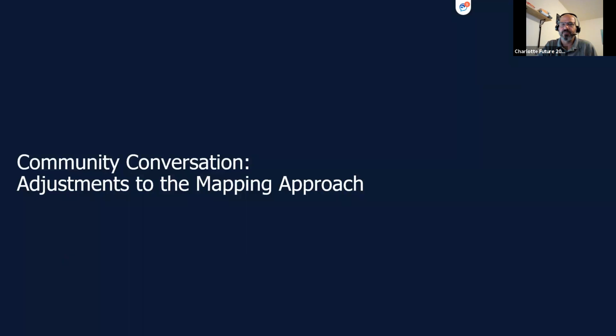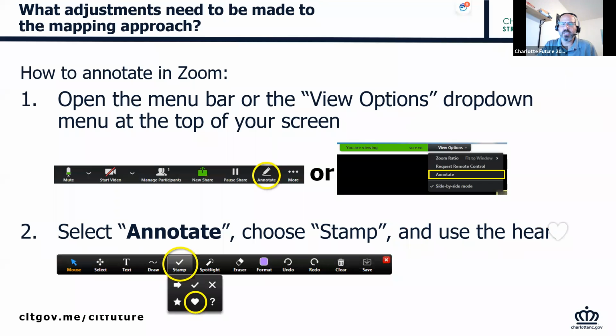So now we're going to go into the actual map itself, and you'll have the opportunity to annotate it and provide not specific comments, but more like, and there's a description there. If you have any questions, in your Zoom controls, go to the view options drop down at the top of your screen and you'll see something that says annotate.